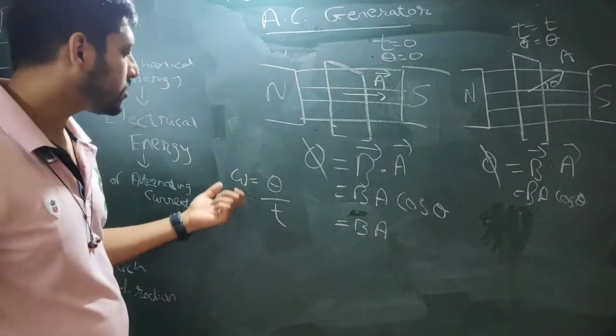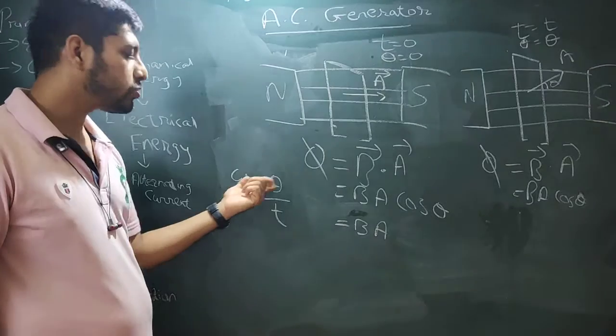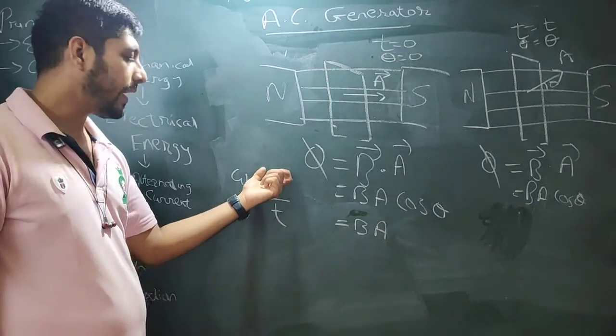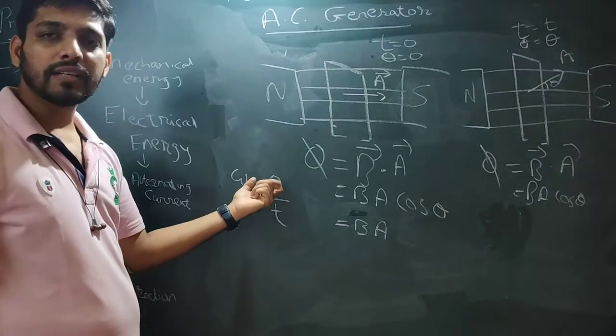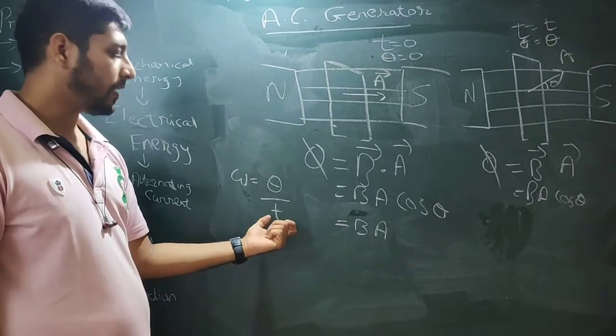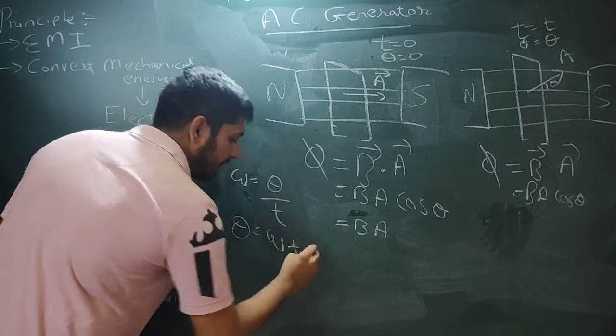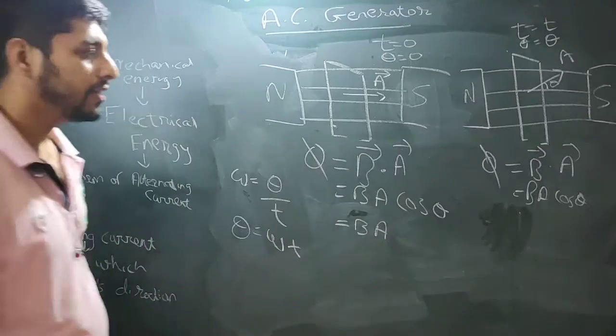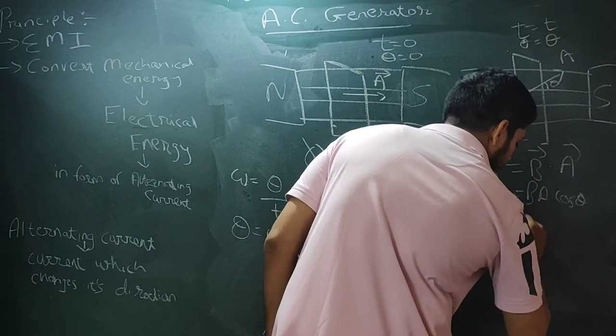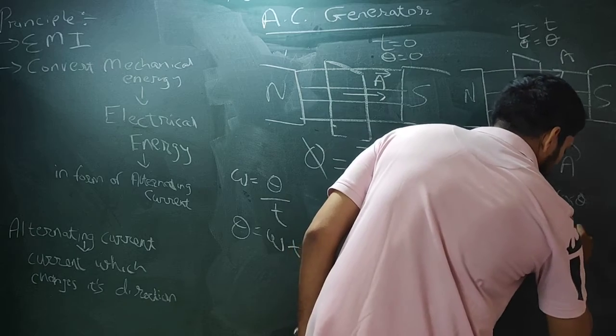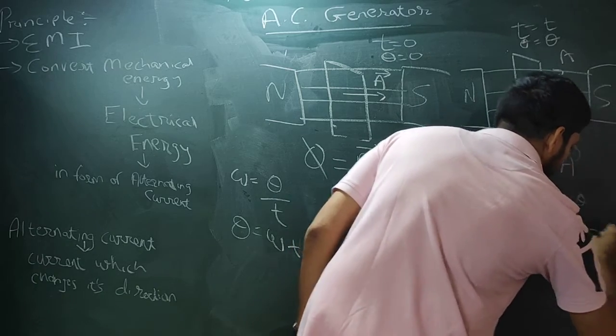Similarly, angular velocity is angular displacement upon time. So theta is equal to omega t, and I can write phi equals BA cos omega t.